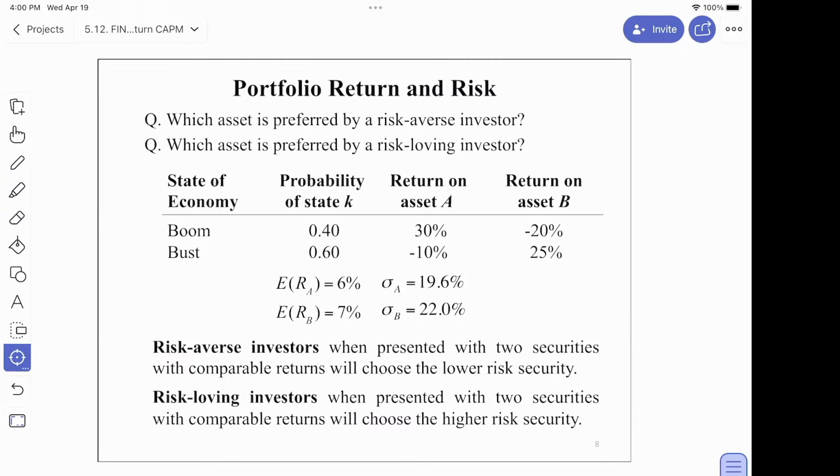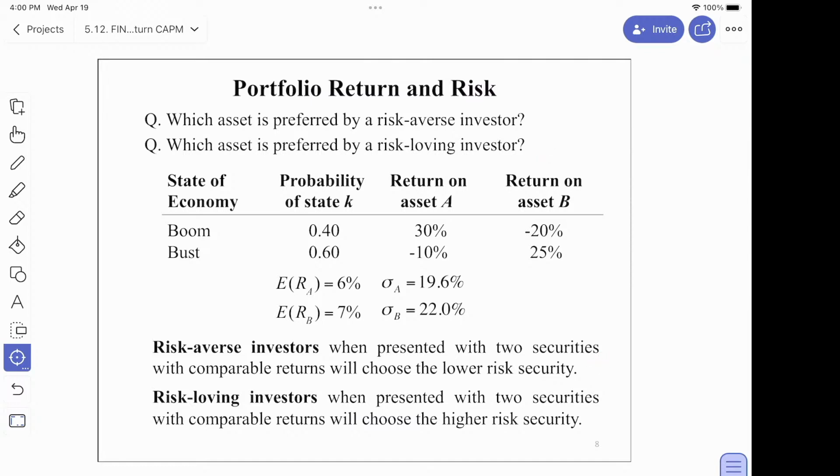It depends what type of investor you are. A risk-averse investor will want the less risky asset. The risk-loving investor will consider the riskier asset.